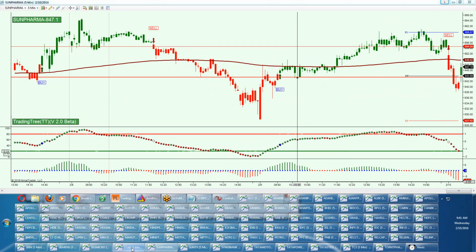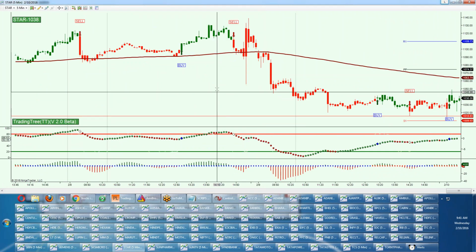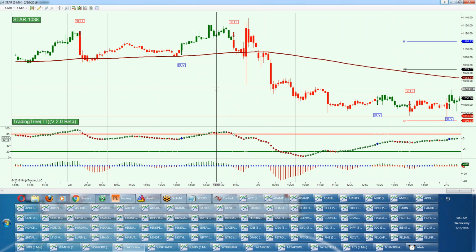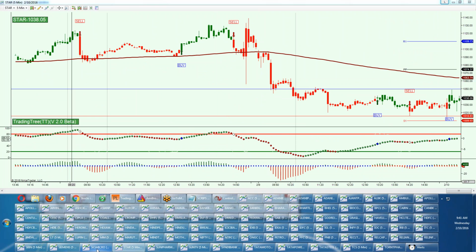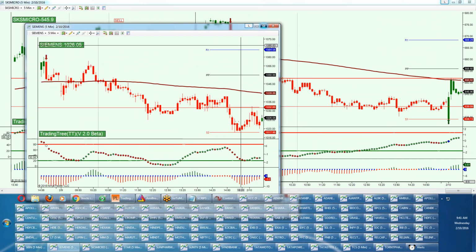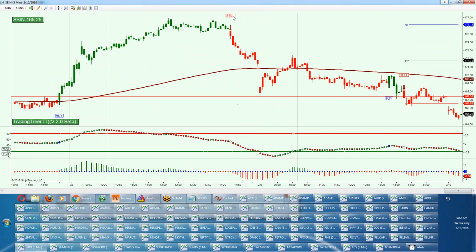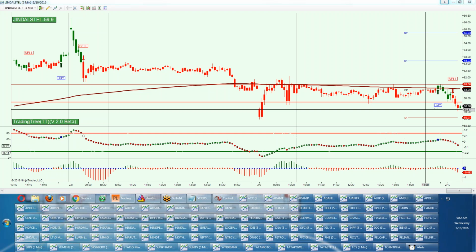And other than that, you have Star. Star, we can buy it here, 1049. SKS, we can buy above this. So you're still there. So Jindal Steel has crossed. A small amount of profit there.